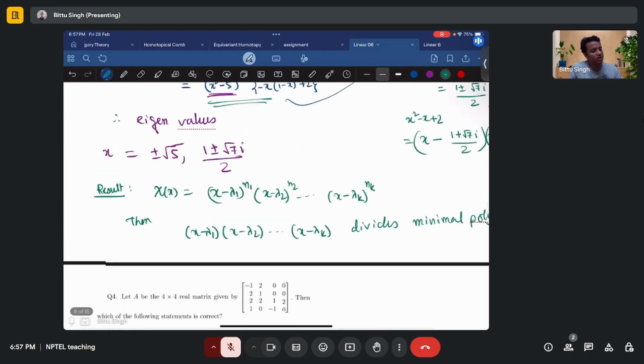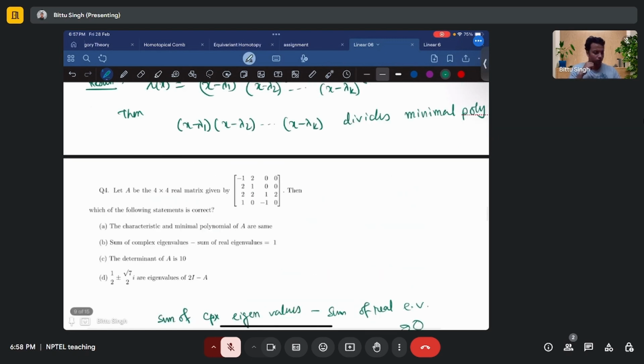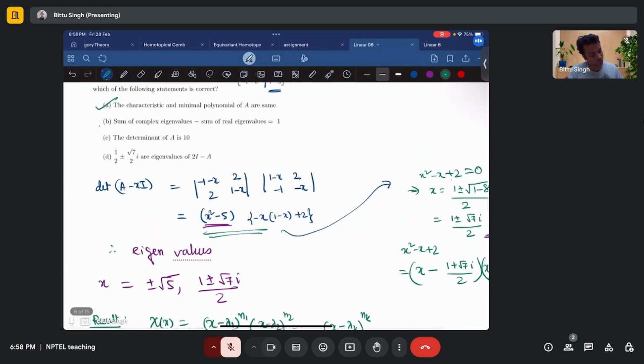So the real eigenvalues are plus root 5 and minus root 5. So root 5 minus root 5 is 0, and this is 1, because plus root 7 and minus root 7 will get cancelled. So this is true actually. So this option is also true.